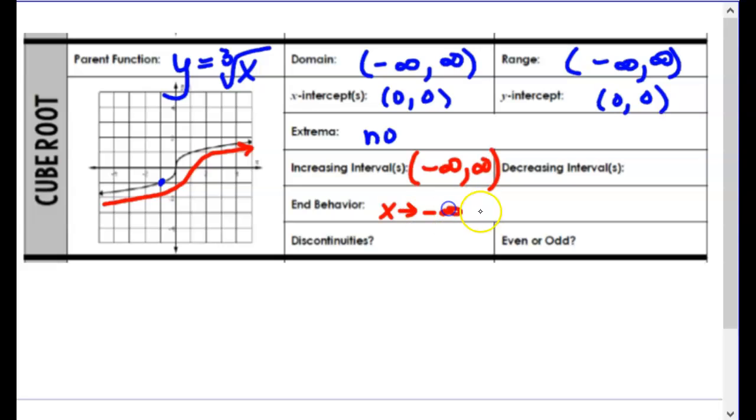So if I did X first, say it's going down, and on the right, it is going up ever so slowly. It has no discontinuities. Even, odd, or neither, guys? Yep, this has origin symmetry.